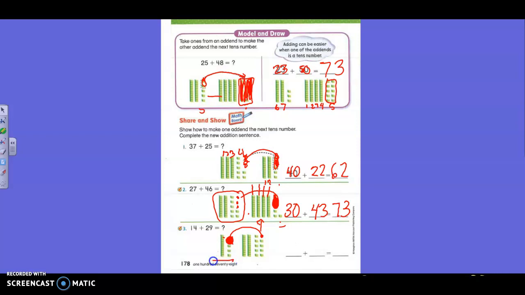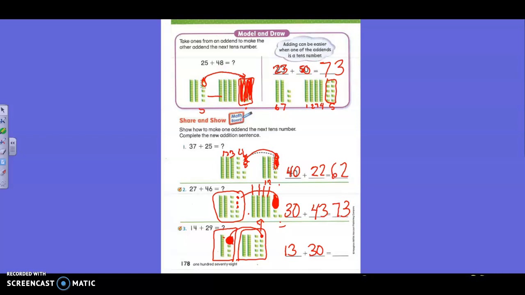Now look at this picture. How many do I have right here? I have 1 ten and 3 ones, which is 13. Look at your second picture. What do you have there? 30. Yep, 30. 3 tens.